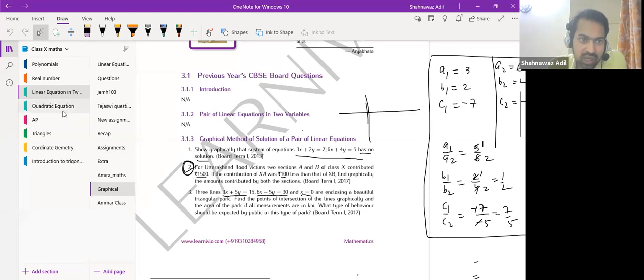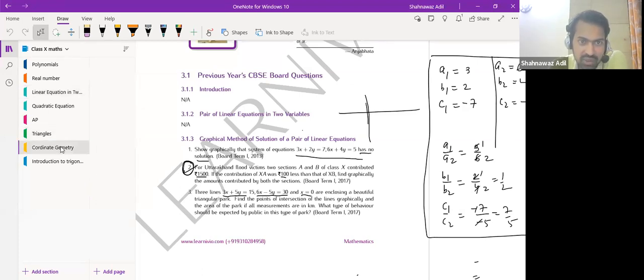Okay. So you said that you want to start coordinate geometry or AP? Coordinate geometry, because triangle is not done in your school, right? AP has started, and coordinate geometry has been completed.